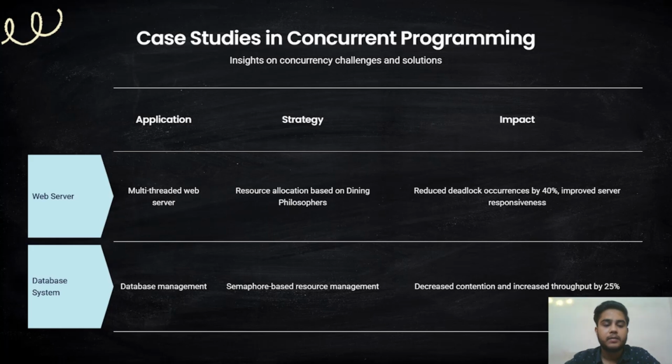In database systems, the application is database management. The strategy is semaphore based resource management, and the impact is that it decreases contention and increases throughput by 25%.